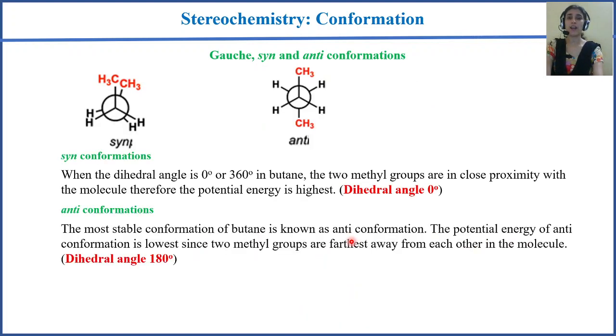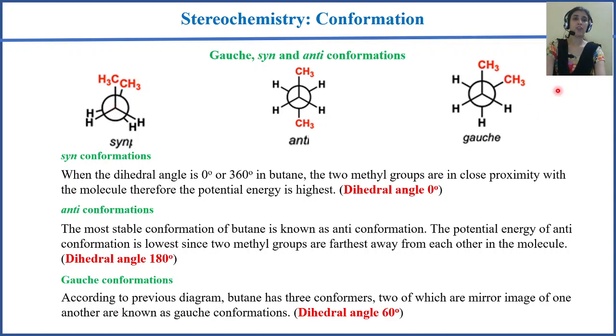We are talking about anti, which is one conformer, and another one is syn. No, this is not a conformer. This is a conformation with the highest energy, syn. And another one, where the dihedral angle of the two methyl groups is 60 degrees, is known as the gauche conformation.